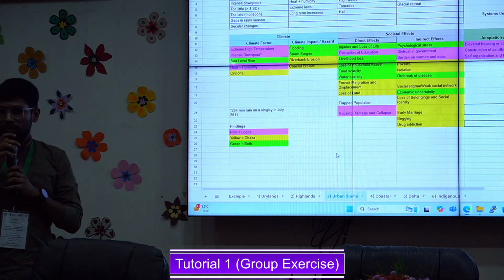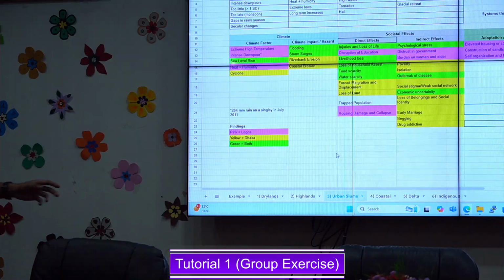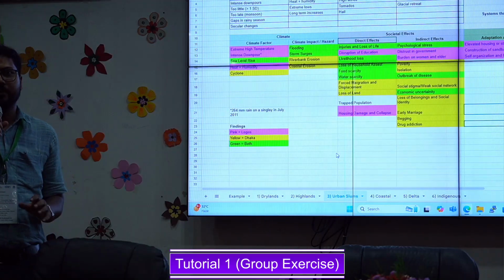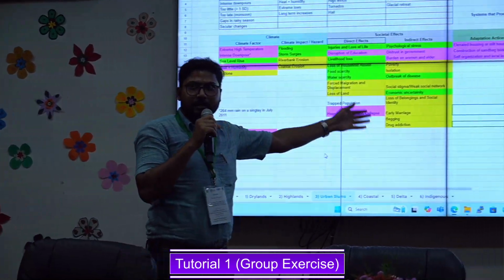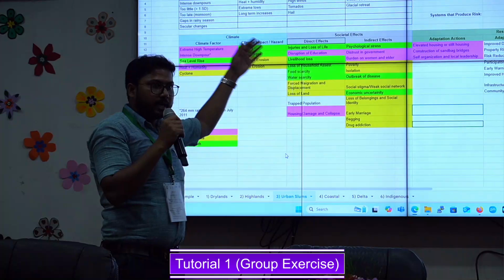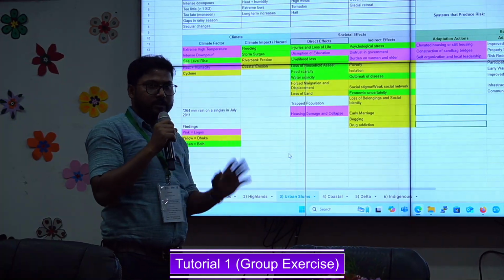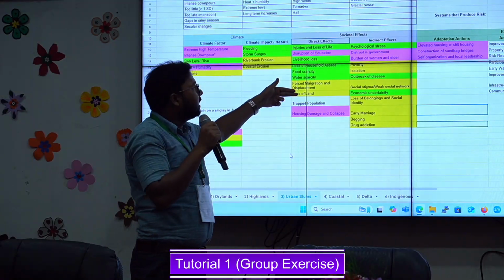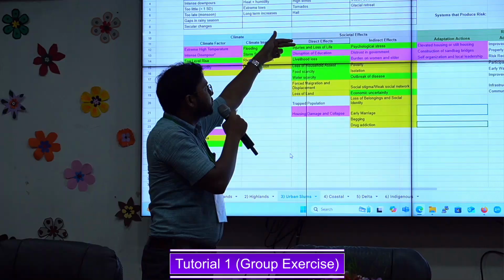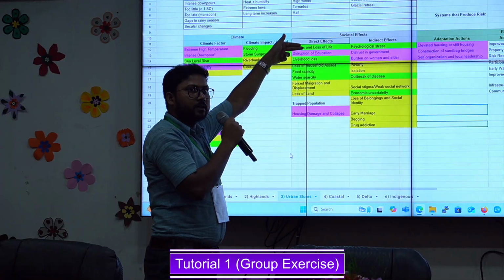After this, Dr. Kaikubad is going to take the lead. Thank you. In our group discussion of both the papers, we have concluded that these are the direct social impacts and these are the indirect social impacts. Both the cities have observed forced migration and loss of land, and both have experienced injuries and death.